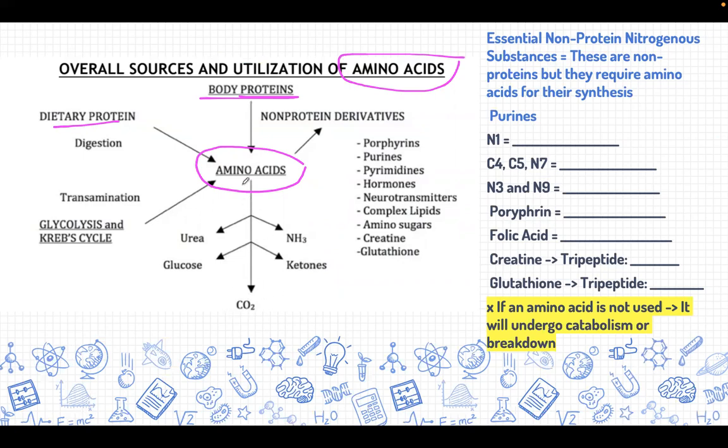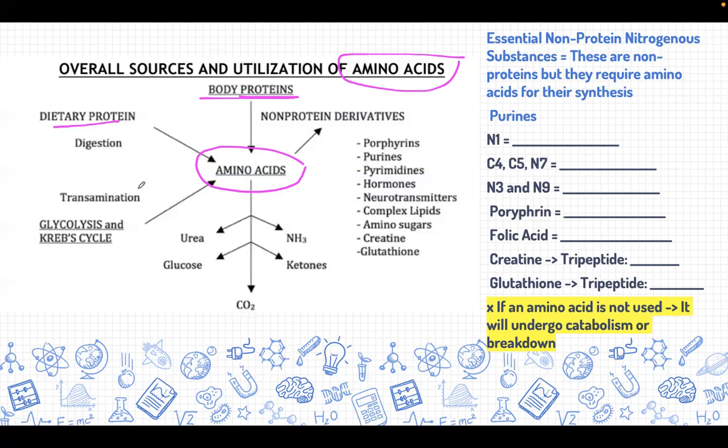What else? It will go transamination. Transamination, it is removing the nitrogen from your amino acid. Okay, involved din po siya sa glycolysis and Krebs cycle. And lastly, yung mga amino acids natin, pagka hindi sila nagamit, pwede silang, or ito yung mga derivatives nila, yung mga tinatawag na non-protein derivatives. Okay?